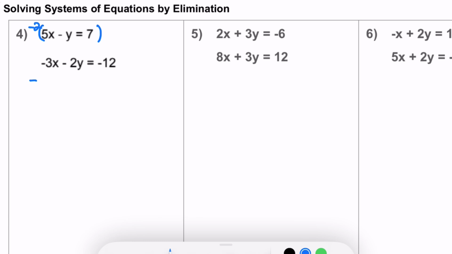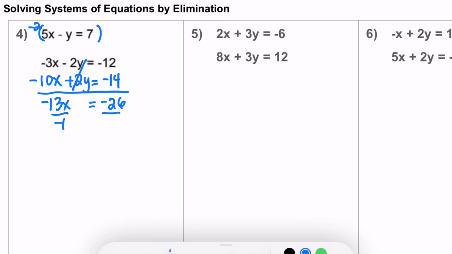And you get negative 10x plus 2y is equal to negative 14. And this would be negative 13x. The 0 pair is equal to negative 26. Divide both sides by negative 13. X is equal to 2.